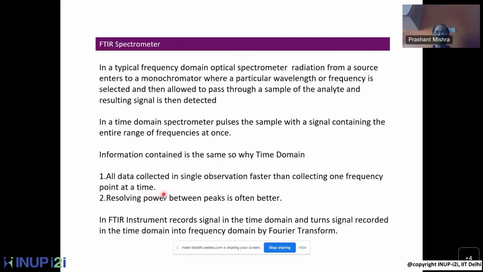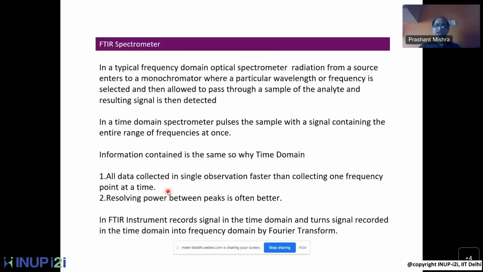compared to collecting one frequency point at a time. So whenever you are collecting the data in the time domain, you have an advantage, and this advantage is that you are collecting all the data in a range, and it is very fast, and that is why the resolving power between peaks is often much better than what you get in a normal spectrometer. Now what happens in FTIR?